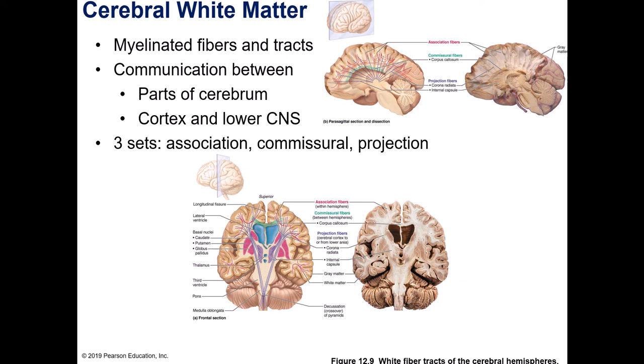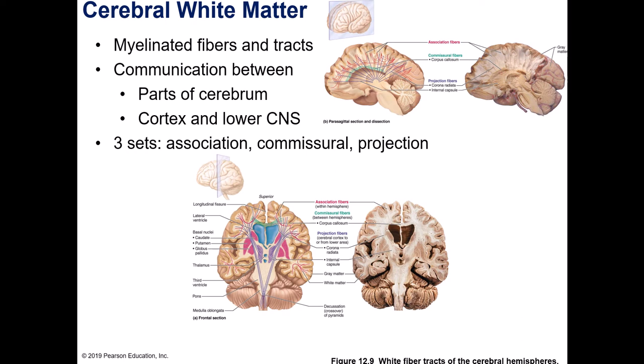It's just connecting pretty much all the other parts of the cerebrum. So connecting, you know, right hemisphere to left hemisphere, or connecting the cortex to the basal ganglia, or connecting the cortex to the brainstem, or the brainstem to the cortex. So all of the communication between the parts of the brain is going to travel through the white matter, because they're tracks, they're roads.